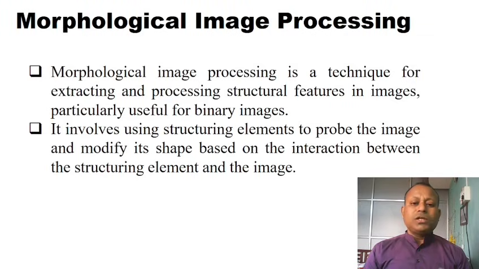Morphological image processing is a technique for structuring and processing the structural features in images, particularly useful for binary images. So, for a binary image, how do these structural features help in morphological processing?